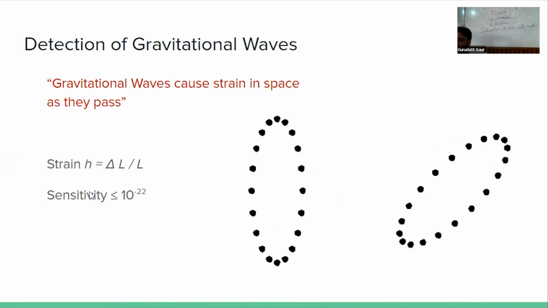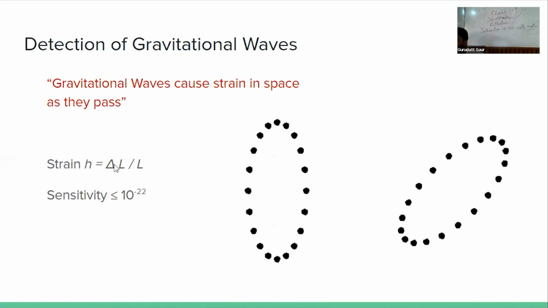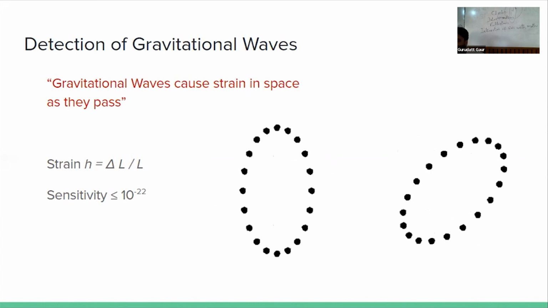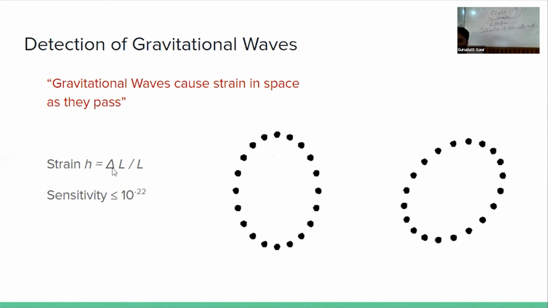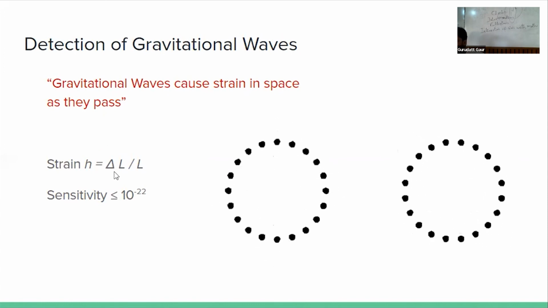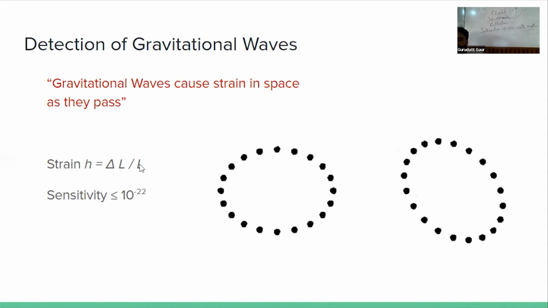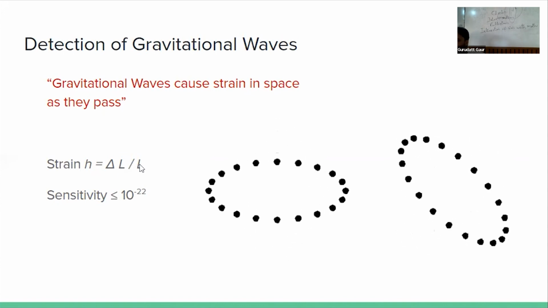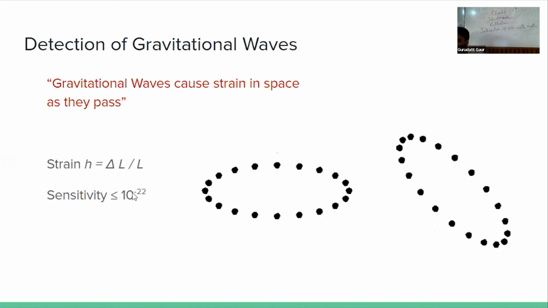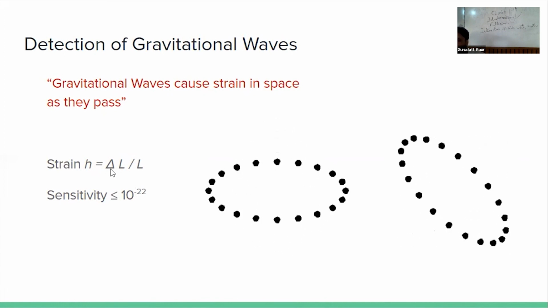Since the strain is constant, delta L will also be very, very large. You want the gravitational wave to produce a change in length which is measurable, and that is possible by making L very, very large. You cannot do anything about the strain. That is the property of space-time and the wave. 10 to the power minus 22, it is going to be like that. But if you can make L very large, then you can get a relatively larger delta L.